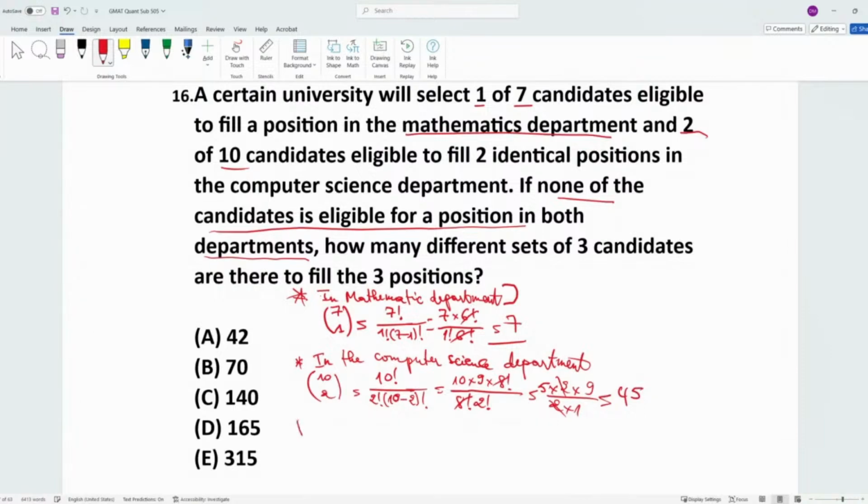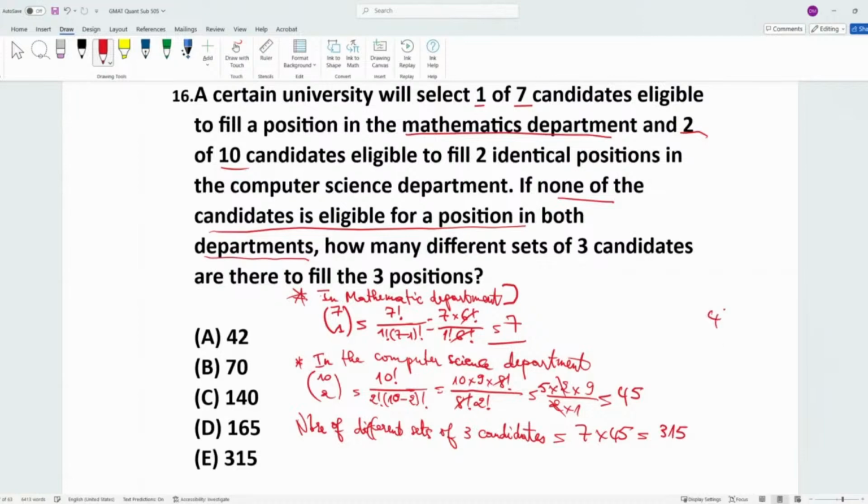So basically, the number of different sets of 3 distinct candidates is equal to 7 times 45, which is equal to 315.